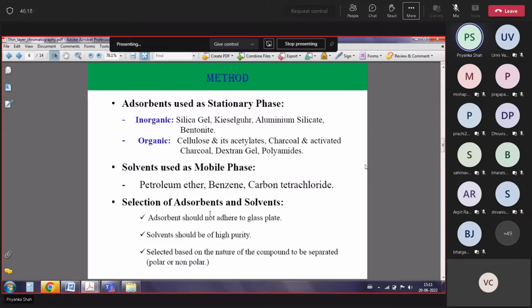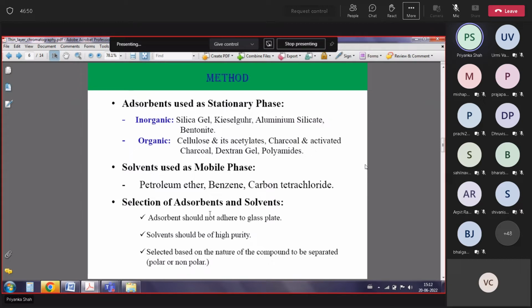Solvents depend, of course, on the solubility of your analyte or solute. So petroleum ether, benzene, carbon tetrachloride, chloroform, methanol, ethanol, ethyl ether, a variety of solvents you can use, and you can decide in which particular solvent your particular compound will be soluble, right?